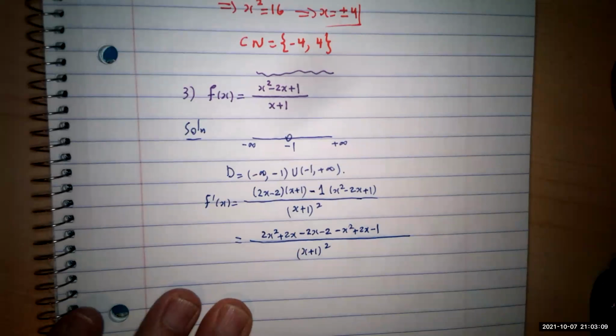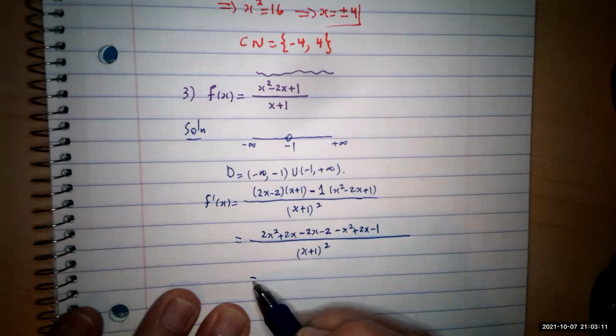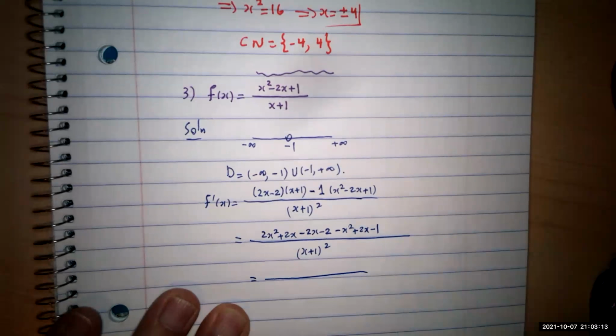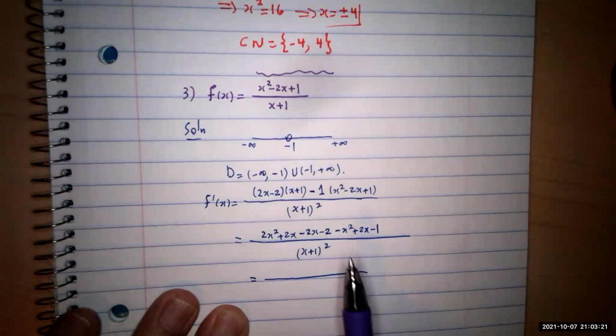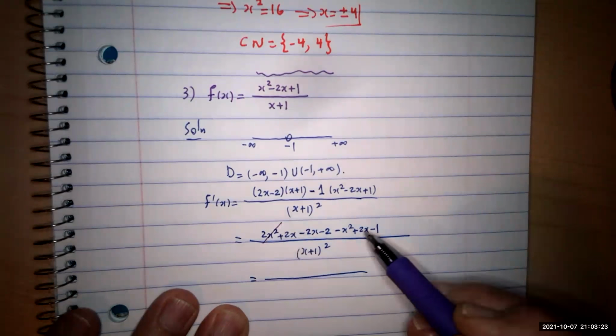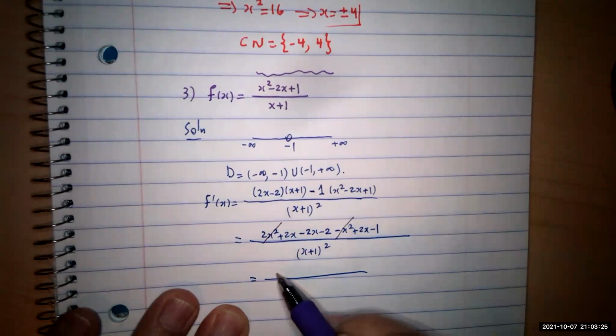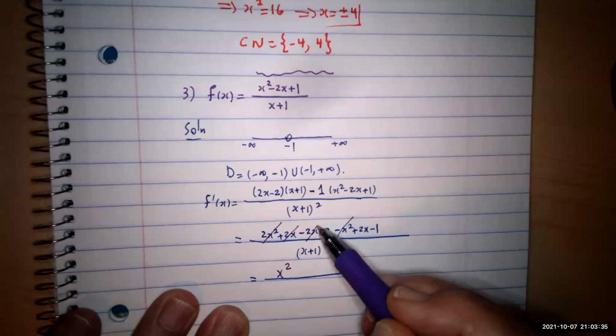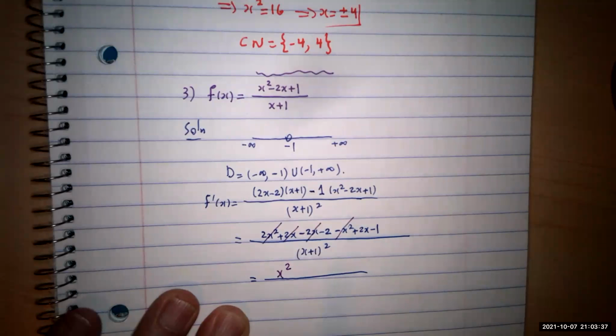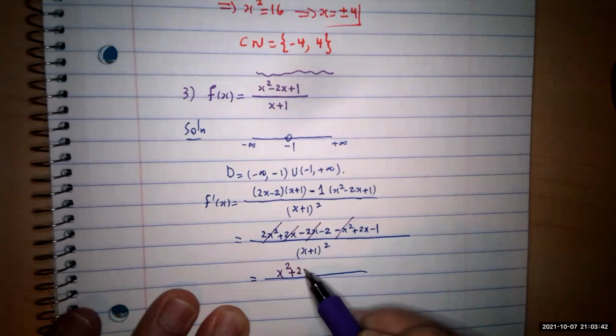Continue, combine the like terms. On the top for the x squared, we have 2x squared minus x squared, so that gives 1x squared. The x's, positive 2x and negative 2x, would cancel out, so we end up with positive 2x plus 2x.